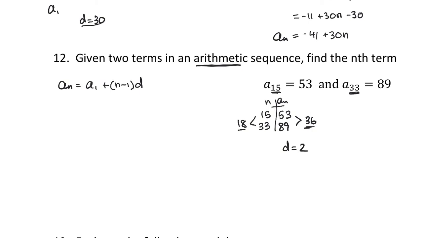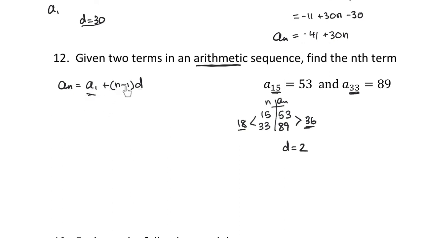And now that we know the common difference, we need to figure out what this first term is, a sub 1. Now, in this equation or formula, we know the common difference, it's 2. We don't know a sub 1, and right now a sub n and n are also variables.